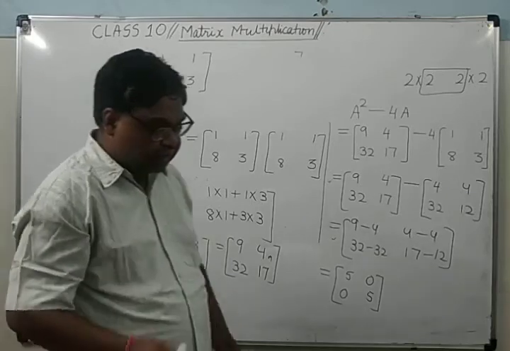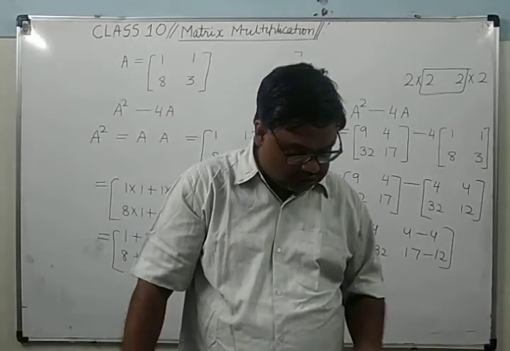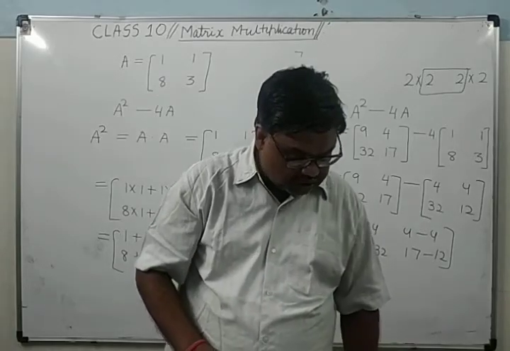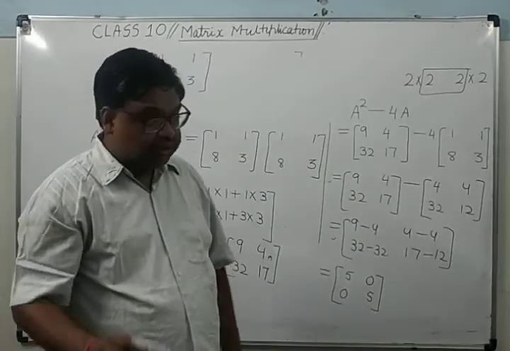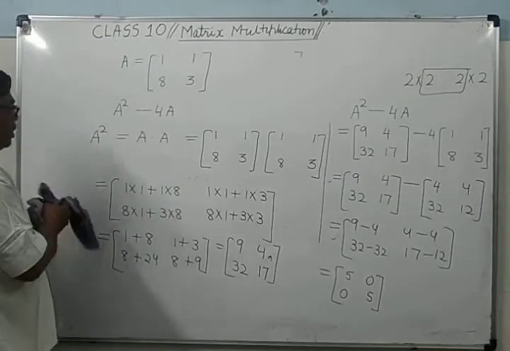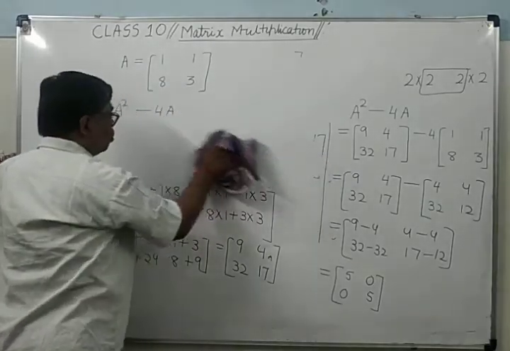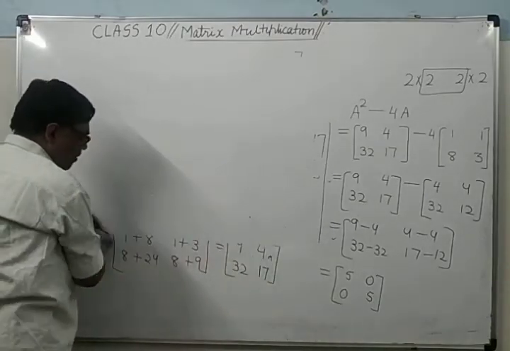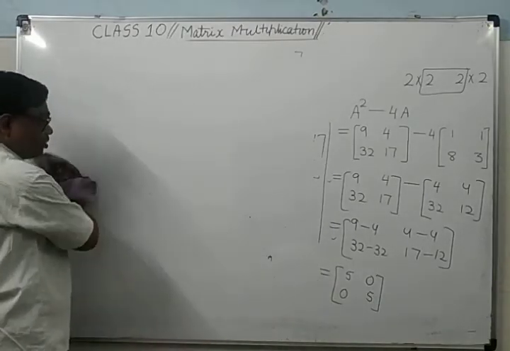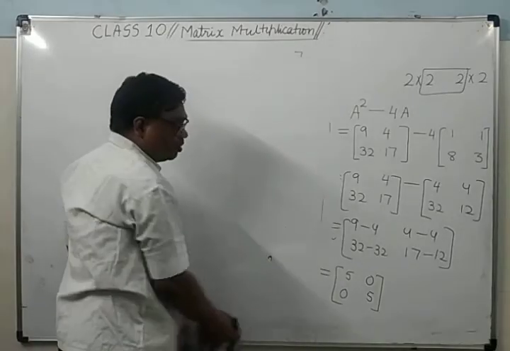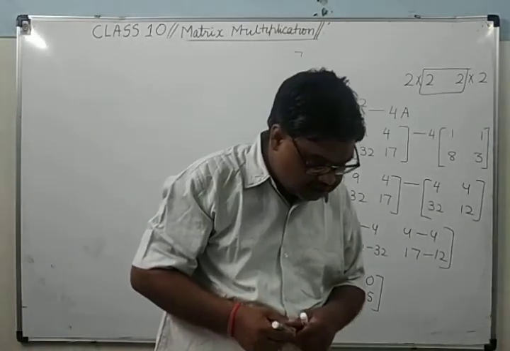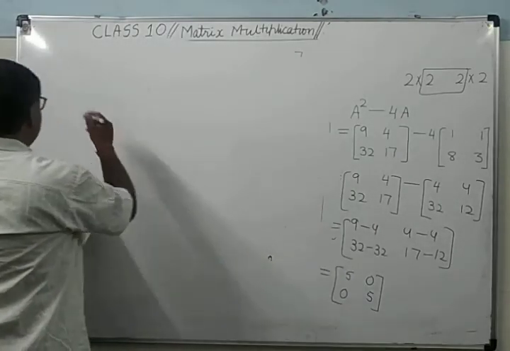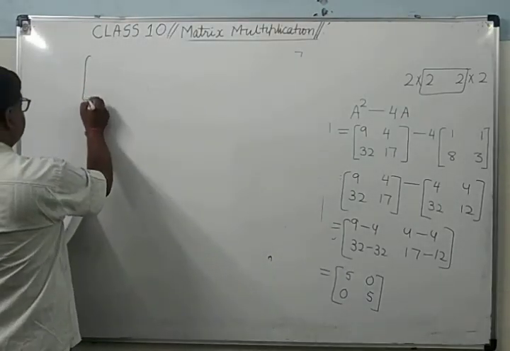So now you take one more question. The questions I am doing here are very simple. This question has been asked in 2010, which I am going to do now. Here it is the matrix with 4 sin 30, sin 90, 2 cos 60, 2 cos 0, and you have to evaluate this.